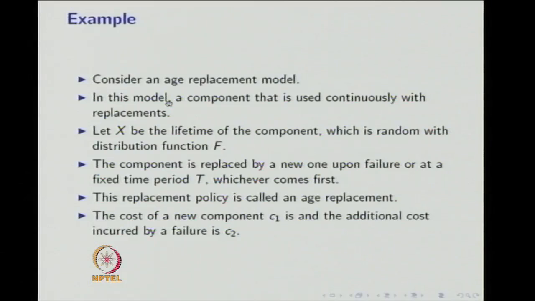Let X be the lifetime of the component, which is random with distribution function F. The component is replaced by a new one upon failure or at a fixed time period capital T, whichever comes first. The replacement policy is called age replacement because the component is replaced by a new one upon failure or at a fixed time period T.